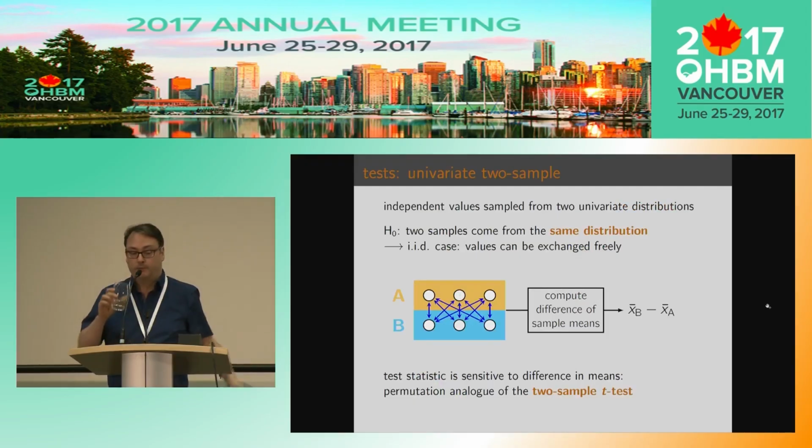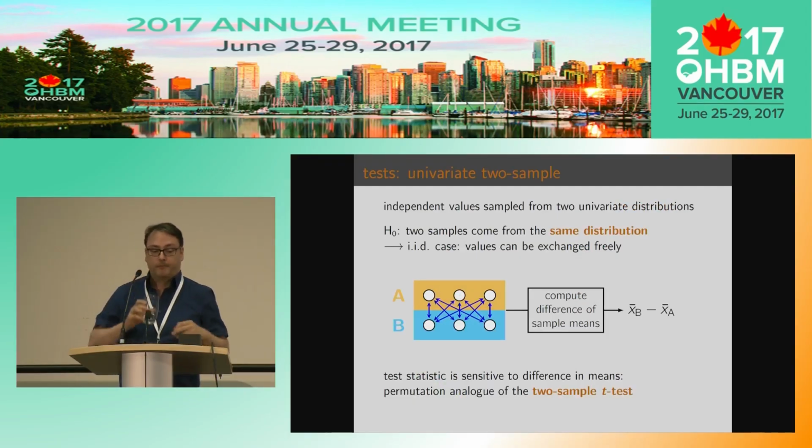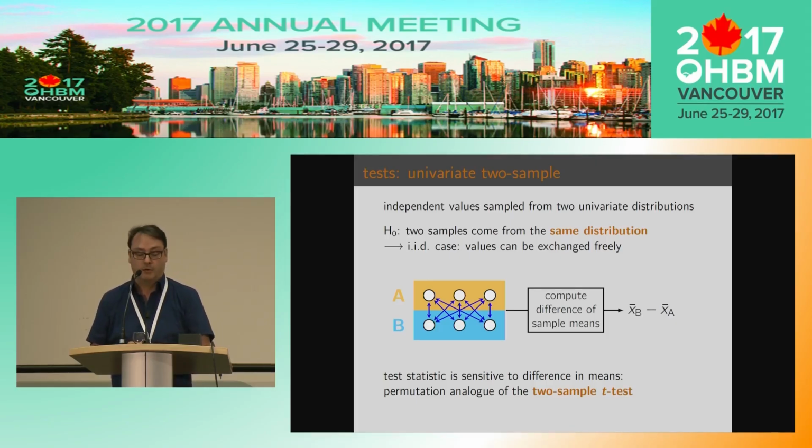Okay, back to the example. Univariate two-sample situation. We have independent values sampled from two univariate distributions. Our null hypothesis says that the two samples come from the same distribution. This is the IID case I explained before, which means that all the values can be exchanged freely, as indicated by the blue arrows between these circles.